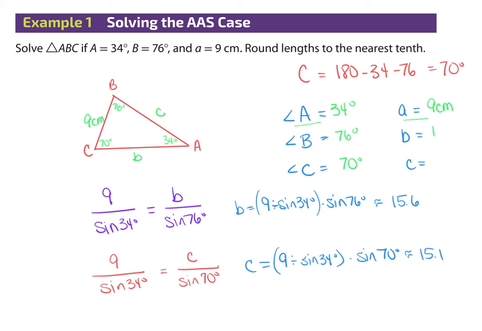Really quickly, this is a time when you want to double check what mode you are in. For this, you're always going to be using degrees, because we're talking about triangles. Typically, triangles don't use radians. Sometimes they do when you're talking about a word problem or navigation, but for the most part, you're going to use degrees.